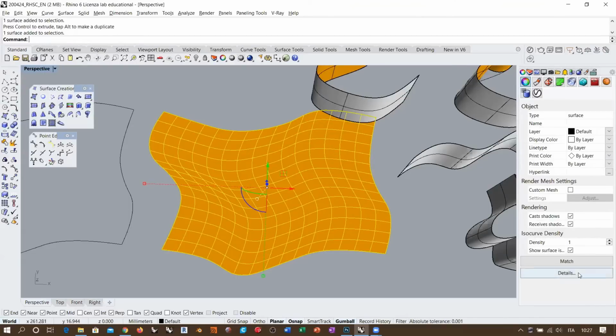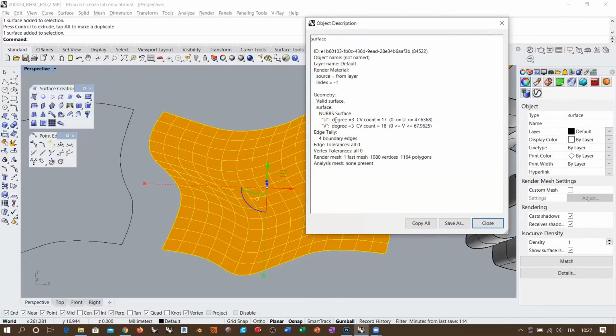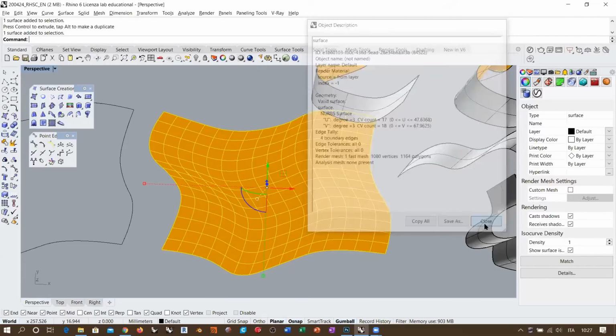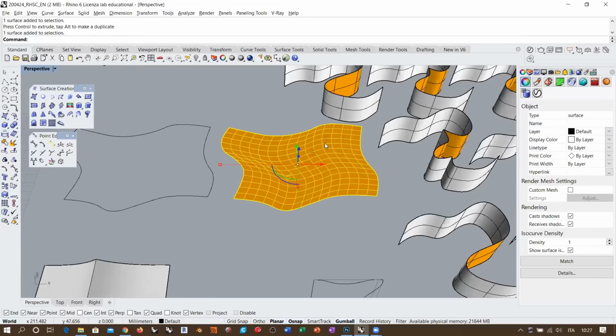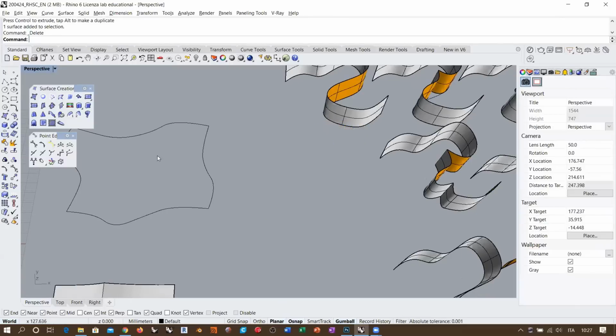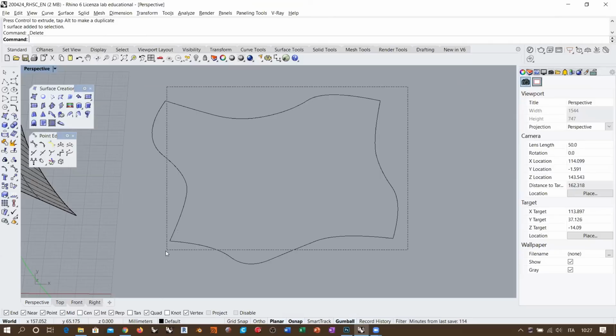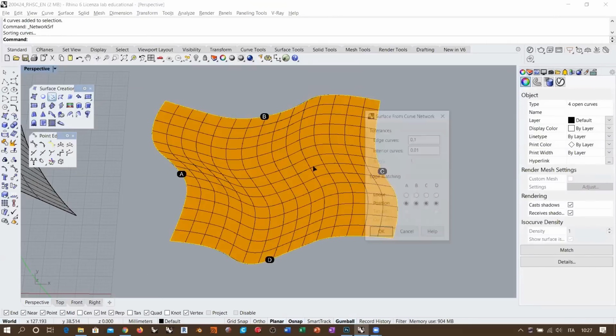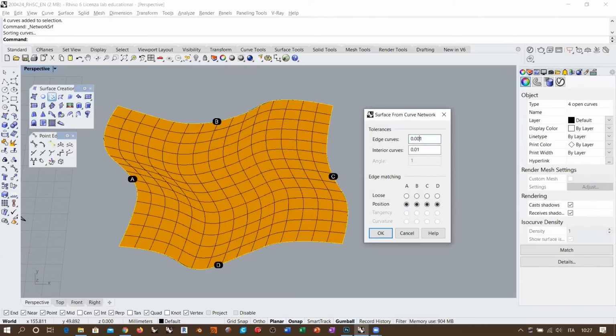Okay. So if I go into the details, you see that U is degree 3 and V is degree 3. The only surface that automatically gets a degree from the number of control points is the blend surface. Okay. But in this case, this is more than enough to rethink using the network surface for creating actually usable results.